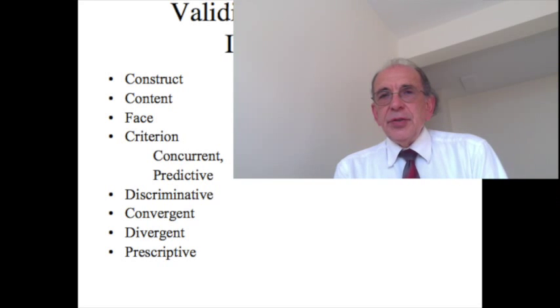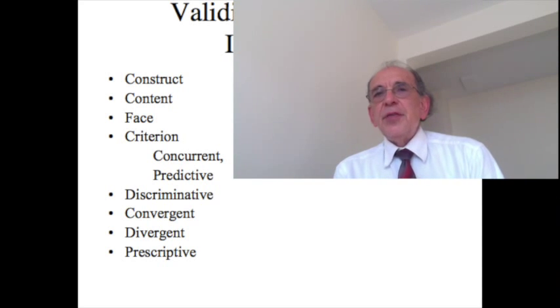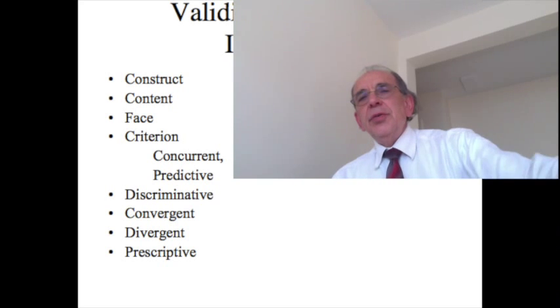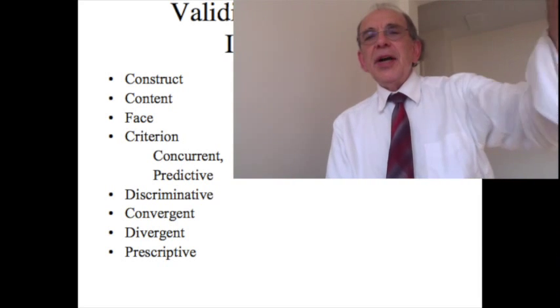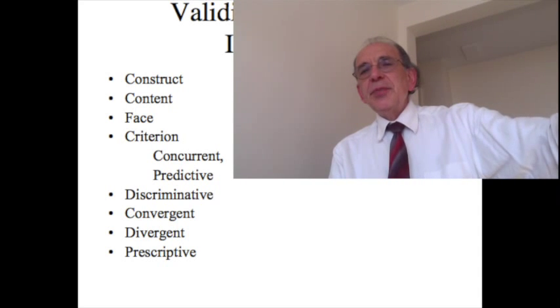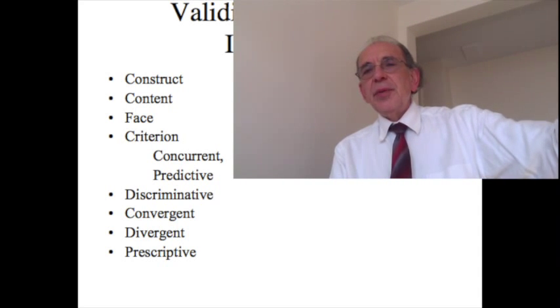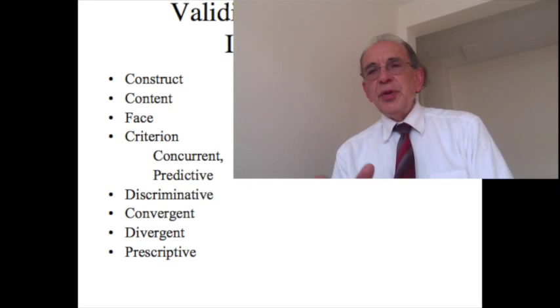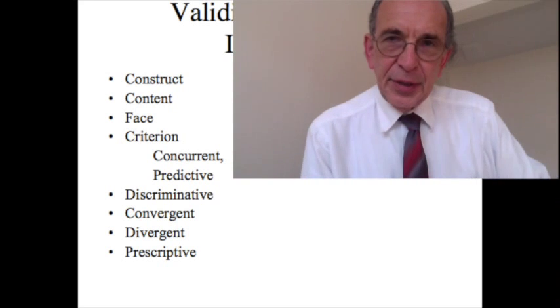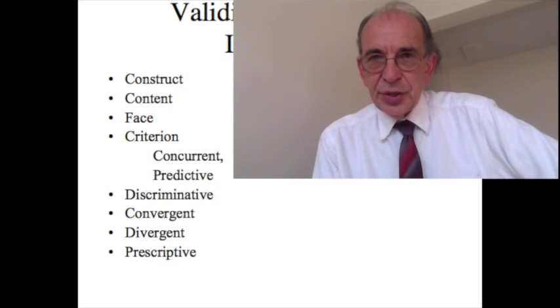So analyses are done to see if performance of individuals who are already classified as having a disability, whether a particular assessment discriminates between this group of individuals and individuals who are in typical, usually school settings.